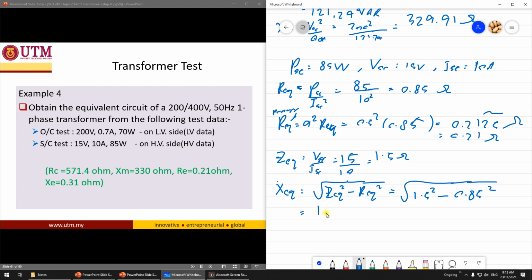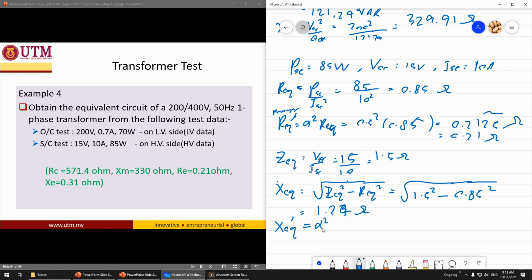So you get 1.23 or 1.24 ohm. Okay, so of course if you want to bring to the primary side, depend on the question. If the question asks you to bring to the primary side, you bring to primary side. If not, just leave it there. Okay, but for this case it wants you to bring to the primary side.